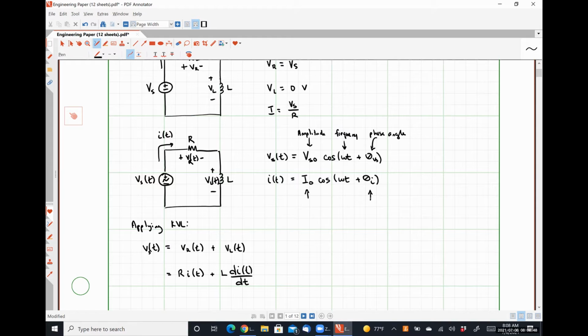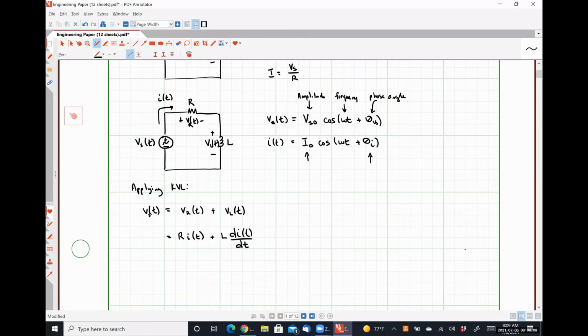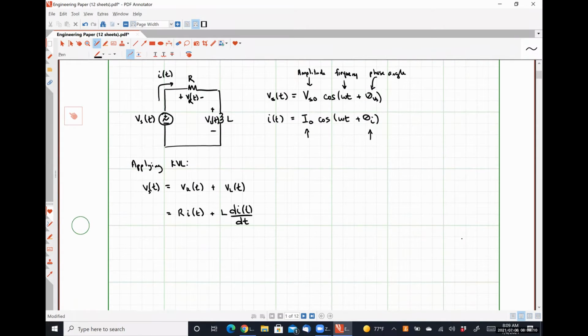We want to know what the relationship between those things are. So we're effectively trying to suss our way through a current voltage relationship like we've been doing with everything else. All right, so again, laying the ground rules for our circuit analysis.